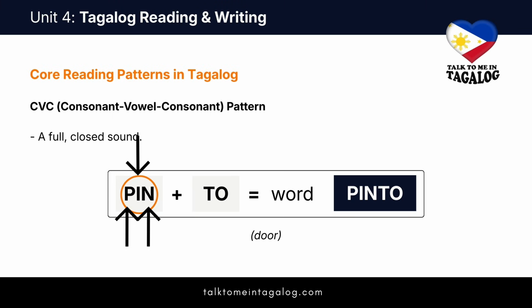This is one of the most natural ways Tagalog words are built. For example, the syllable "pin" in the word pinto, which means door, follows the CVC pattern. By combining CVC syllables, you can form clear, fully pronounced words. Let's practice reading more CVC words so you can hear and feel this complete closed sound in action.